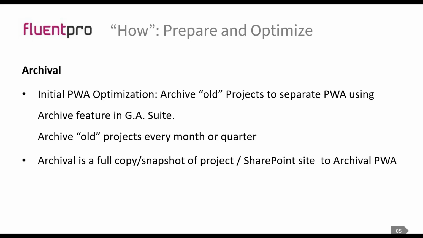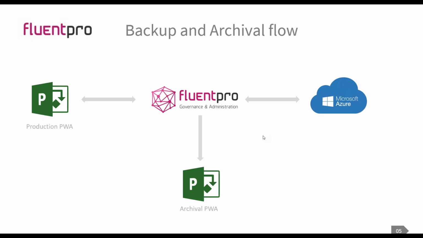But if you need to, there's a place where you can go and run those reports and get that information. In G Suite, when we do archival, we do not delete your data. Your project admin needs to go and delete that information from your production PWA. We just make a snapshot and say, okay, this project is archived. You can go and delete this project on the production PWA.